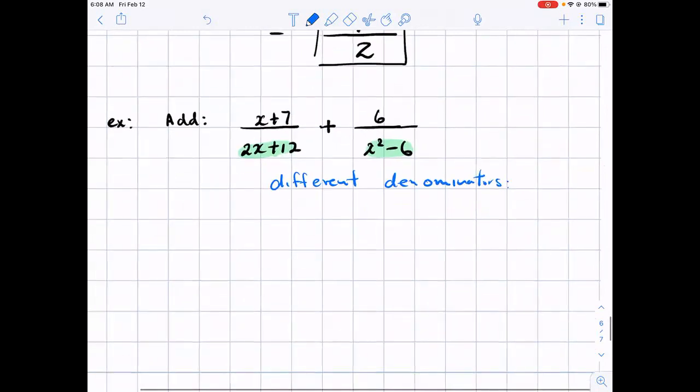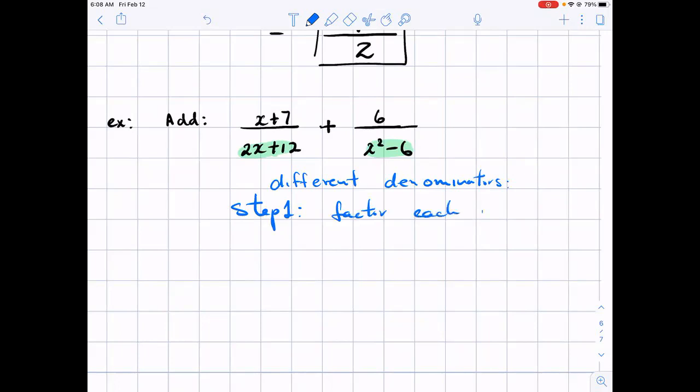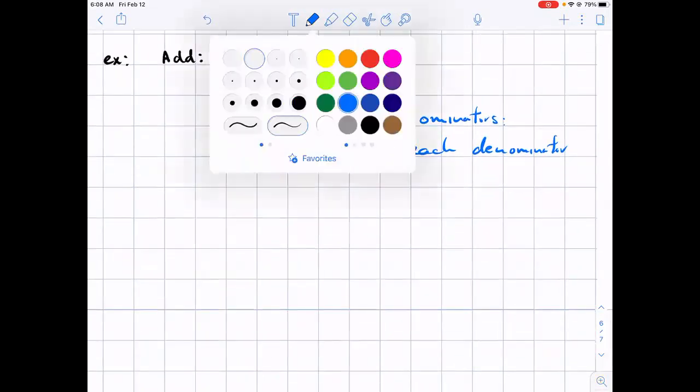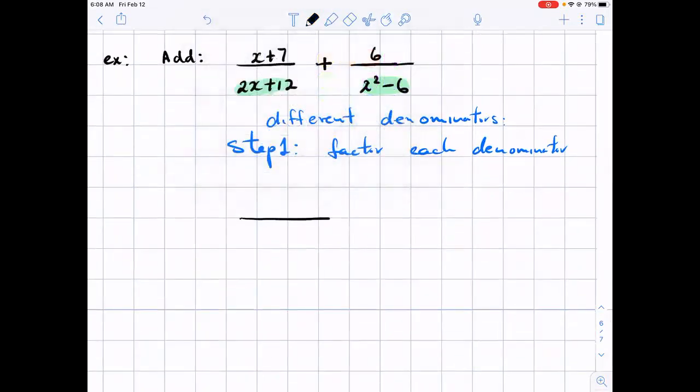So step 1, factor each denominator. If we do this, we'll have 2 parentheses x plus 6. The numerator stays the same. And the second denominator, x squared minus 6.